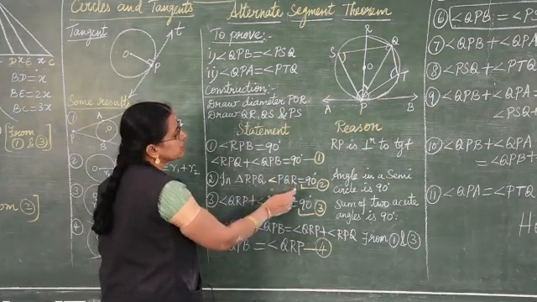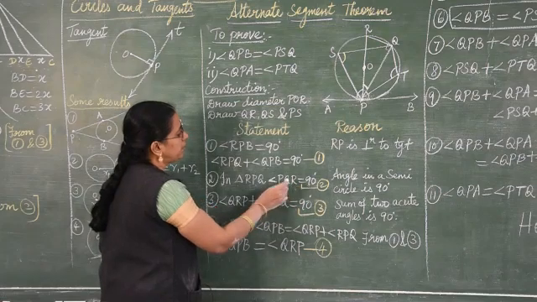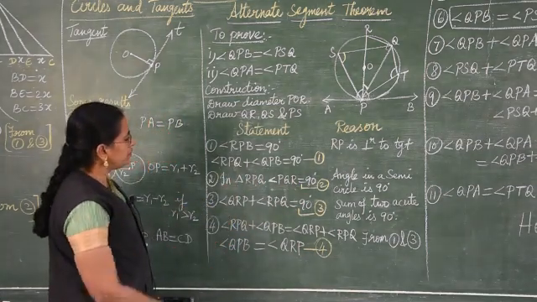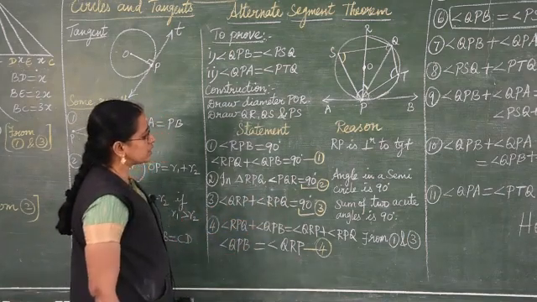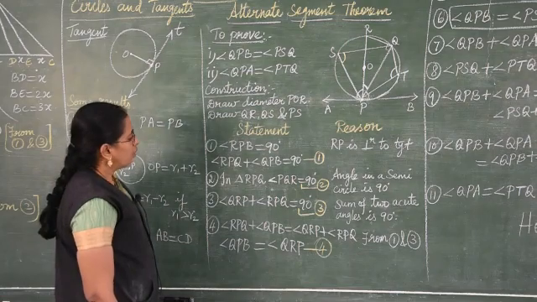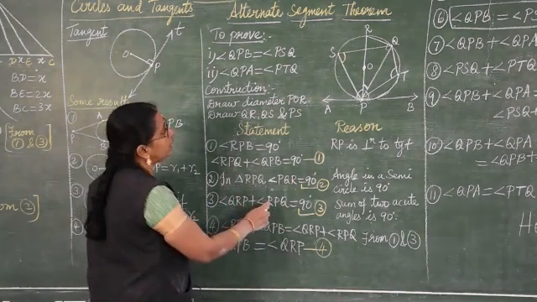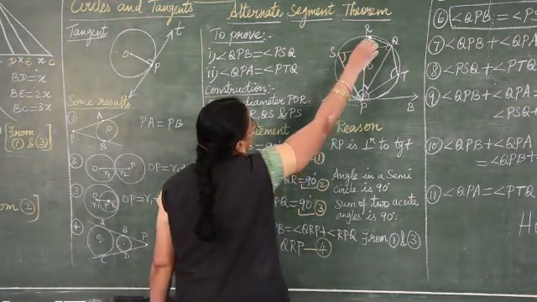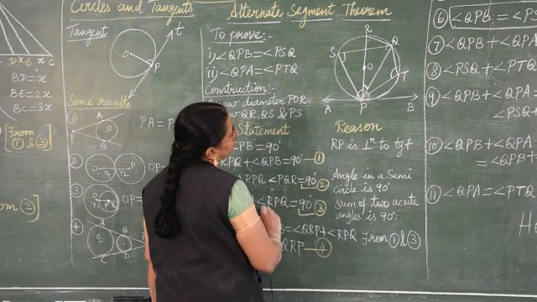If you compare these two, the RHS are equal, 90 degrees, 90 degrees, so the LHS must be equal. We will see that one. Now, the sum of the two acute angles is 90 degrees. Which are the angles? Angle QRP plus angle RPQ. QRP is nothing but this angle, then angle RPQ.